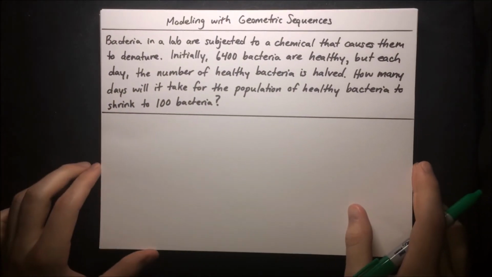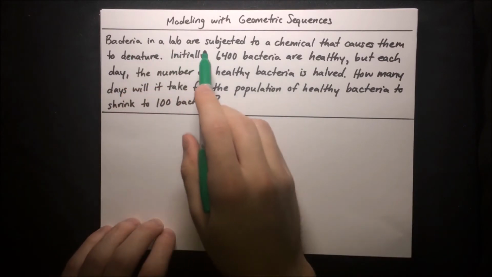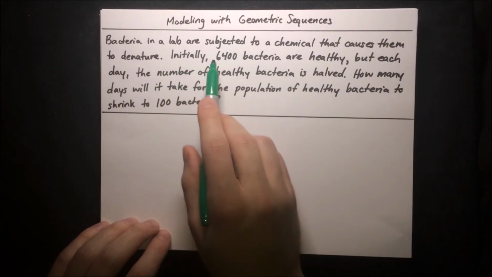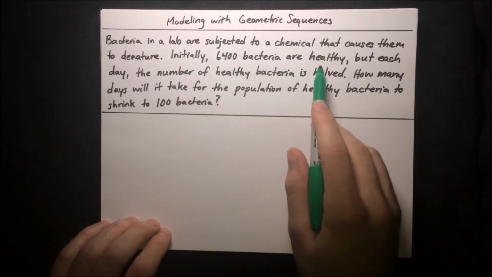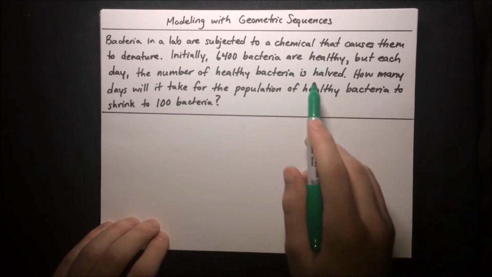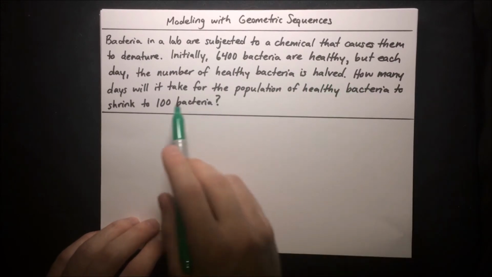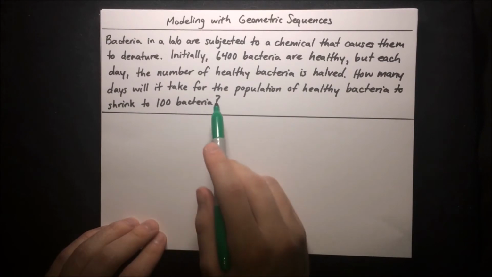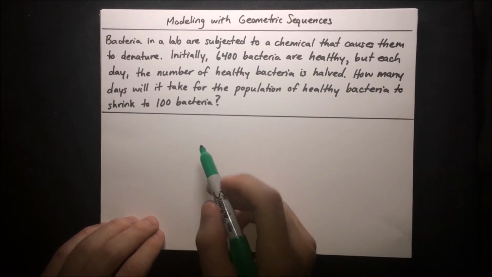Alright, here's another problem for us. Bacteria in a lab are subjected to a chemical that causes them to denature. And initially, 6,400 bacteria are healthy, but each day the number of healthy bacteria is halved. How many days will it take for the population of healthy bacteria to shrink to 100 bacteria? Okay, so again, let's start off with a table.